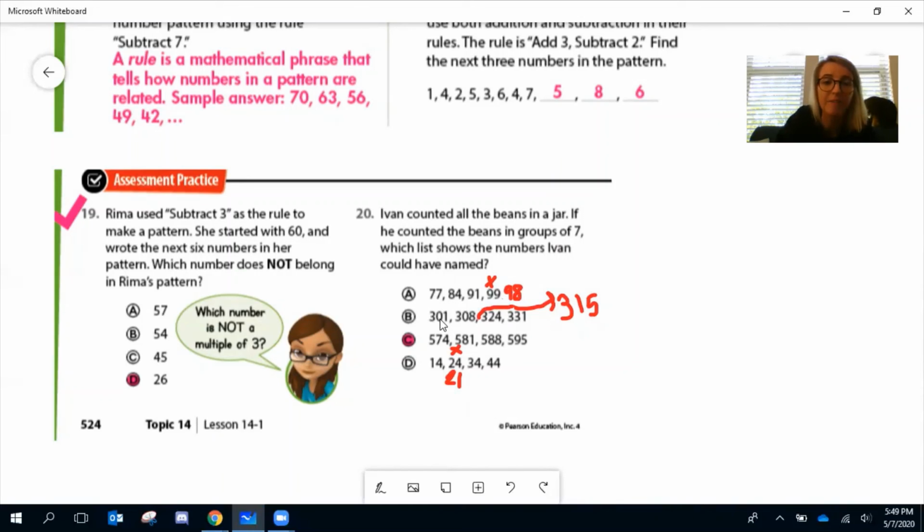When I count up here, I have 301 plus 7 is 308. 308 plus 7 is 315. So B was also not correct. When I go down to D, I have 14 plus 7 would be 21. So 24 was not correct. So the correct answer is C. 574 plus 7 is 581. 581 plus 7 is 588. And 588 plus 7 is 595.